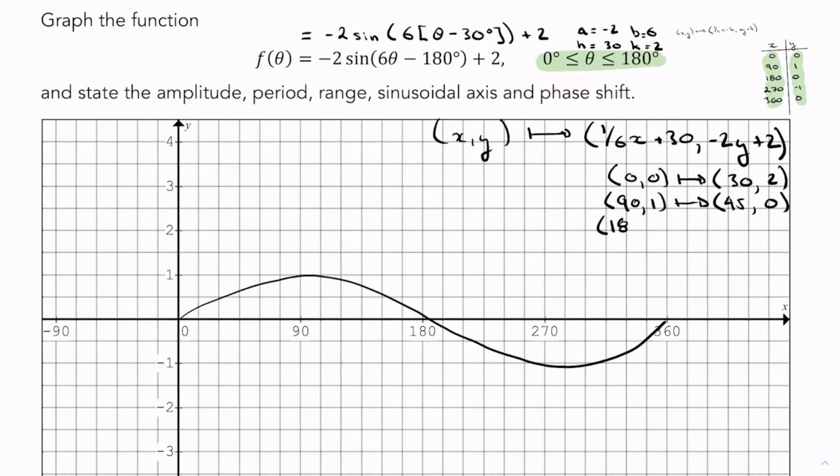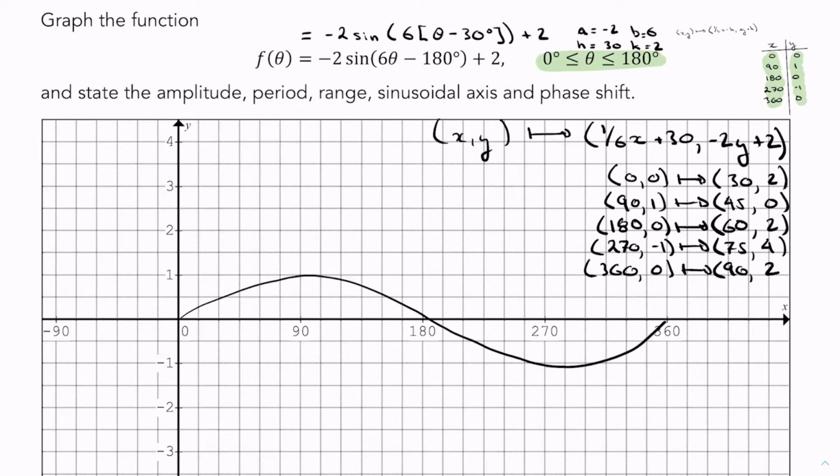The point 180, 0 will go to 180 divided by 6 is 30, we'll go to 60, comma 2. The point 270, comma -1 will go to the point 75, comma 4. And finally the point 360, comma 0 is going to go to the point 90, comma 2.